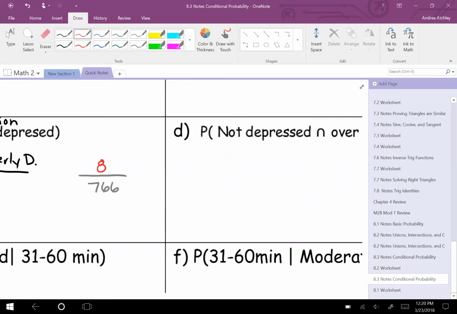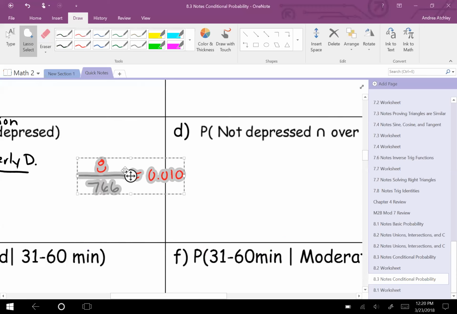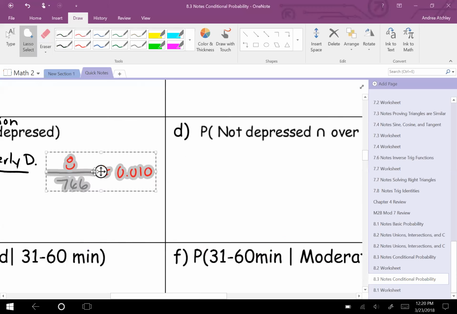So we're going to do eight divided by 766. That gives me about 0.010. Okay, does the 0 make the 1 go up? No, you move your decimal over twice and you get 1%.